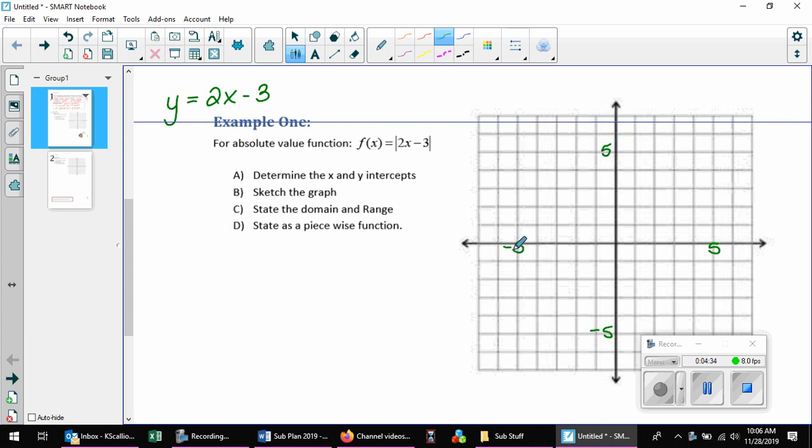So 1, 2, 3. There's my y-intercept. My slope is +2. So that means I go up 2, over 1 to the right, up 2, over 1 to the right. I can also go down 2 to the left, 1 to the left. I'll do my best to connect these in a straight line.